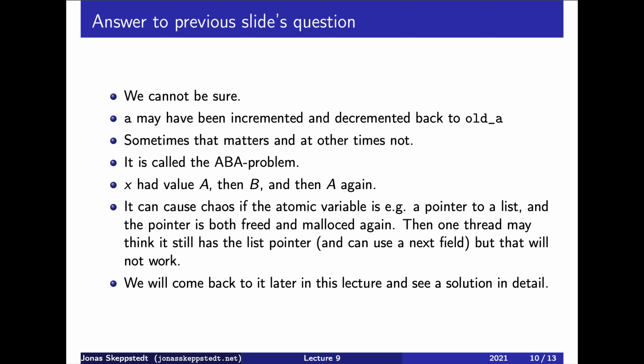Okay, so this problem is called the ABA problem, and basically it's a variable that had a value and then some other value and then the previous value again. And then it's not obvious how we can know if this has happened, but we will see how we can do that.